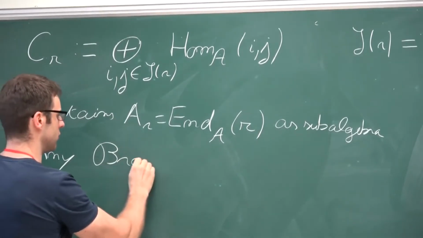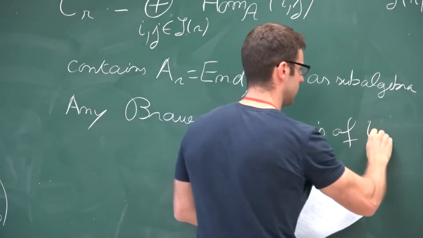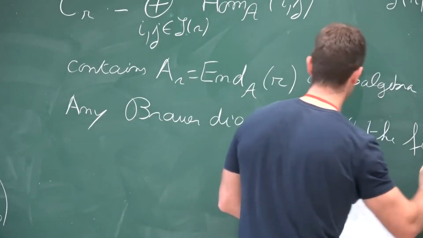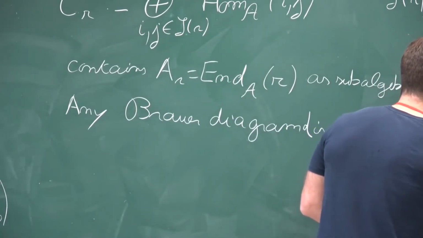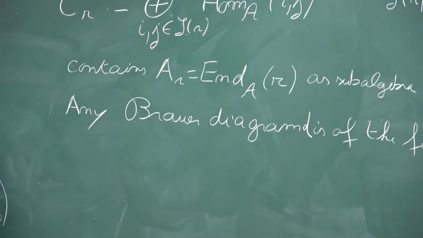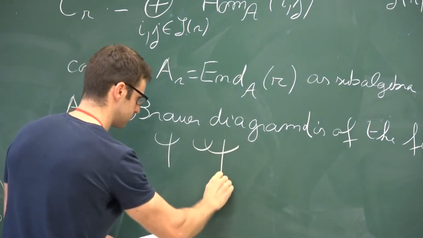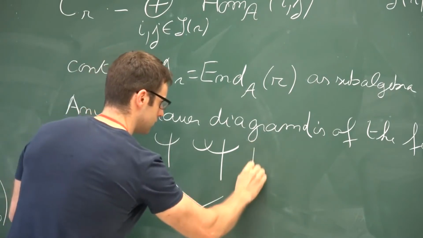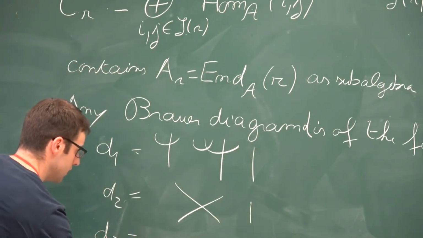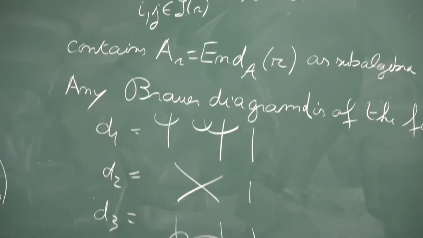Well, just the following observation: any Brauer diagram D is of the form D1, D2, D3, to give some very uninspired names for the diagrams which appear, where D1 is of this form, D2 is of this form, and D3, for instance, something like that.